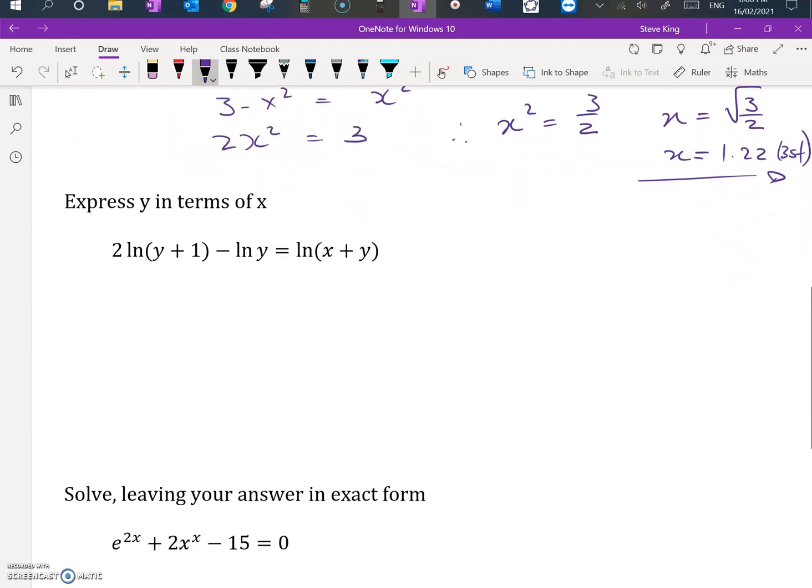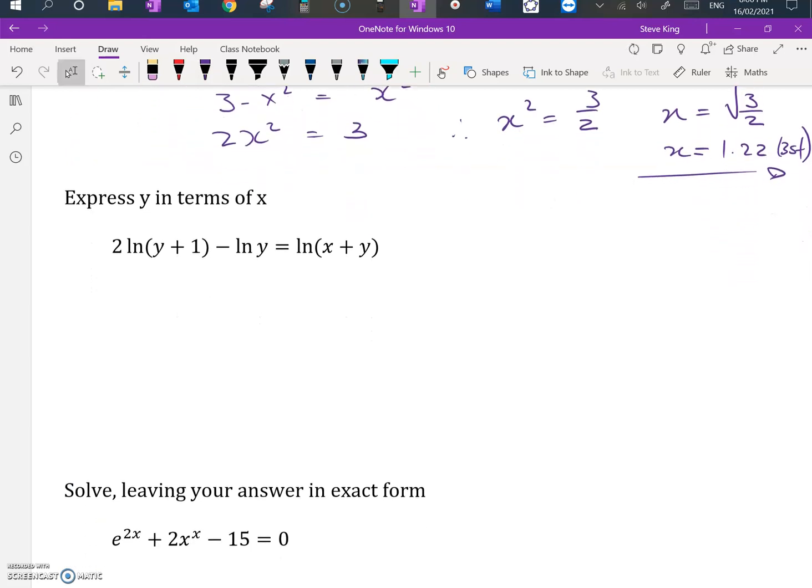If I take that a bit further, I want to express y in terms of x when I've got this statement over here. Well, once again, I'm going to use the laws of logs, so I'm going to rewrite this as ln of (y plus 1) all squared minus ln of y. So that's using the third of the laws of logs.